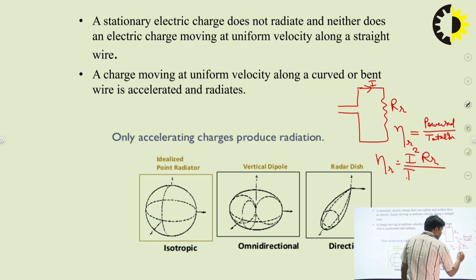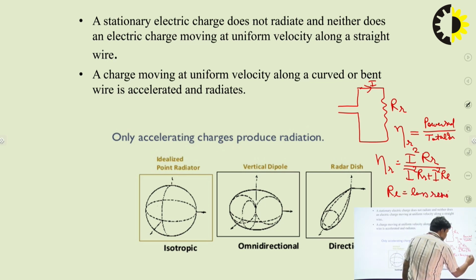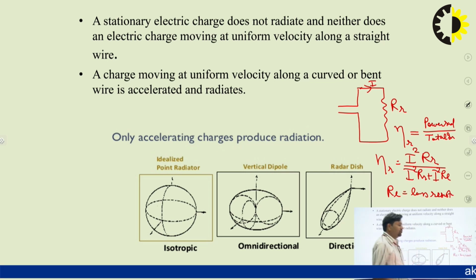The radiated power plus the loss, which is I square RL, where RL is the loss resistance of the antenna. In the case of a lossless antenna, this RL should be 0, so the antenna radiation efficiency is 100%. That means if we feed 1 watt of power, all the power is radiated by that antenna.